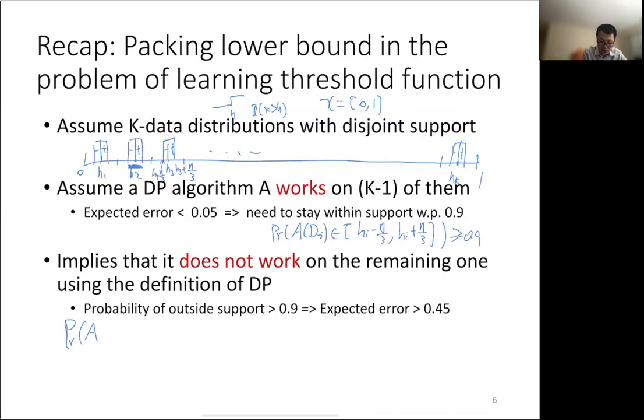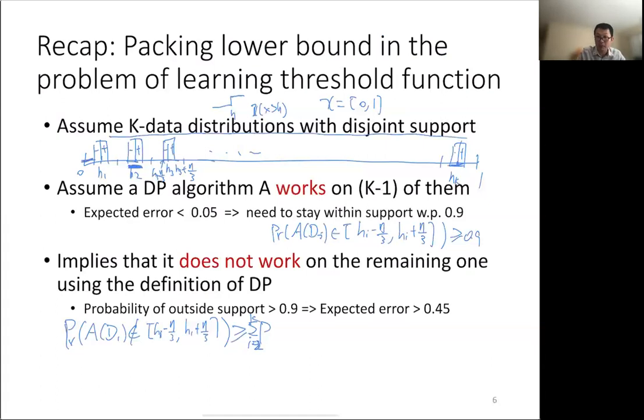Then the probability of this algorithm on D1 being not inside this ballpark H1 is larger than the sum over i from 2 to k of the probability of this being in, say, H2, H3, H4, because this is smaller than this region that's outside this support.